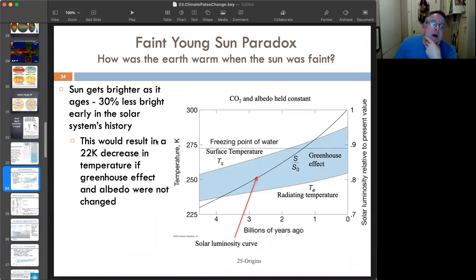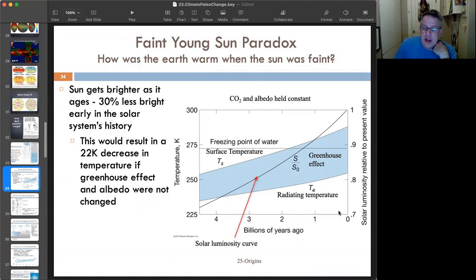Okay. Some of the things you might get interested in when you think about the paleo history of the Earth is the fact that we know enough about solar dynamics to know that the sun used to be a lot fainter. So how was the Earth warm when the sun was faint?